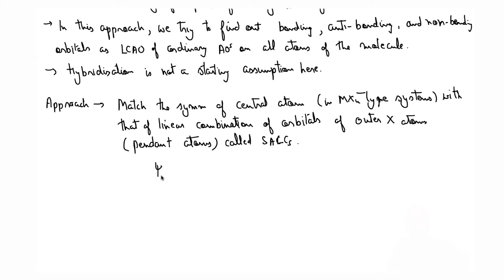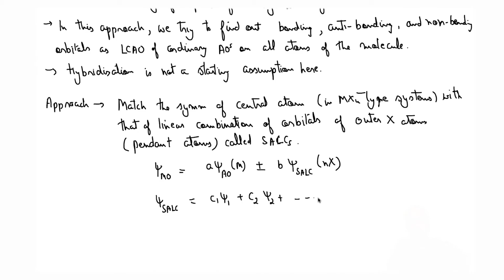So if this is the wave function of the molecular orbital, it is a combination of a symmetry-matched atomic orbital of the central atom plus or minus a combination, with appropriate coefficients, of SALCs of the X atoms. The SALC psi is C1 psi 1 plus C2 psi 2 plus up to Cn psi n, a linear combination that can be plus or minus.